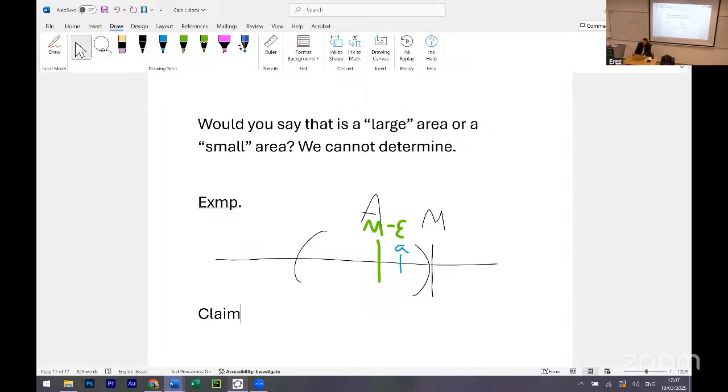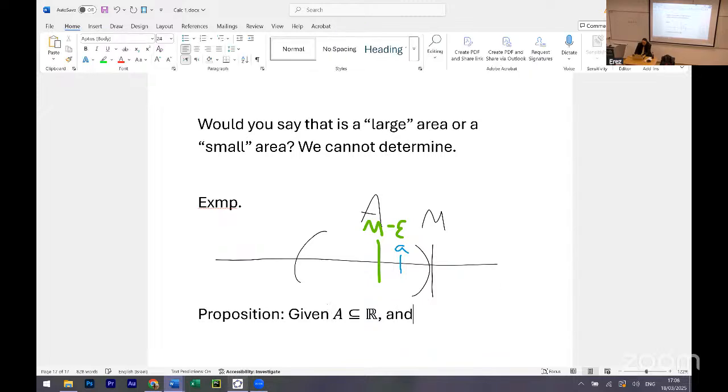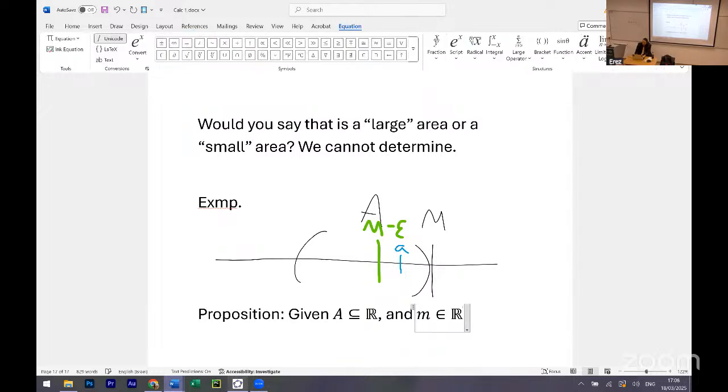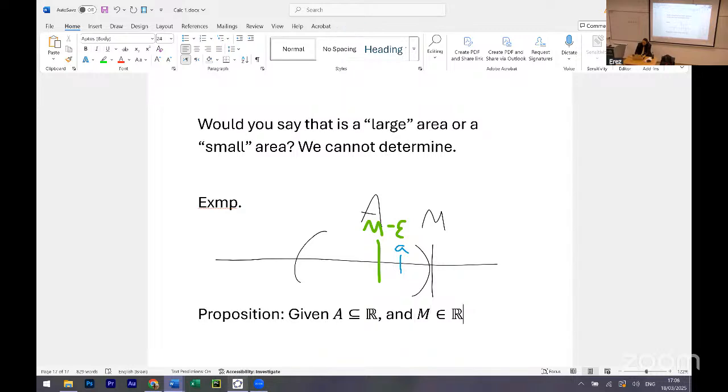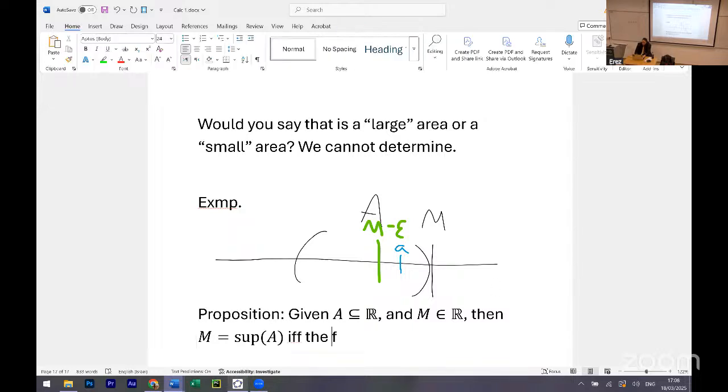Claim. Proposition. Given a set A, a subset of the real numbers, and M any specific number, then M is the supremum of the set A if and only if the two following conditions hold.